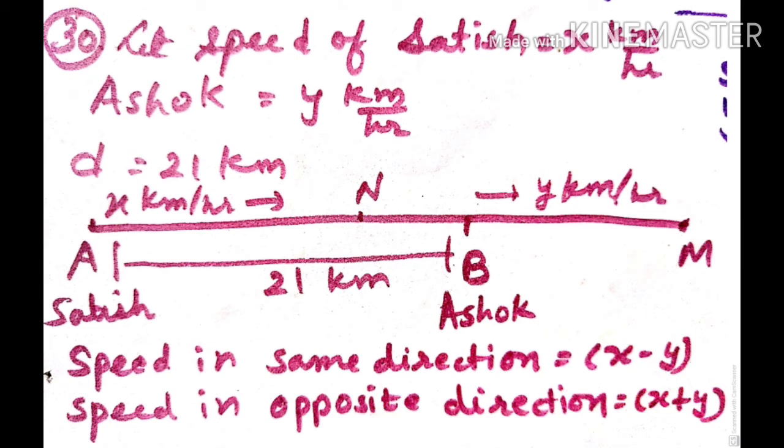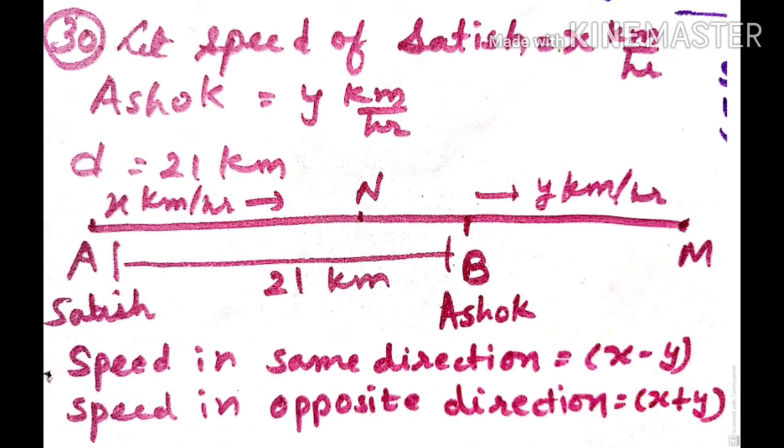Here I have drawn one figure in which point A and point B are drawn. The distance between point A and B is written as 21 km. Now at point A Satish is there and at point B Ashok is there. Satish's speed is x km per hour and Ashok's speed is y km per hour.